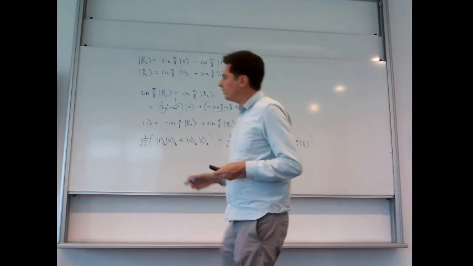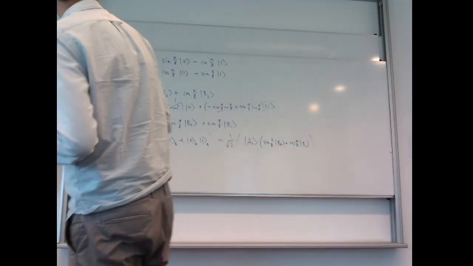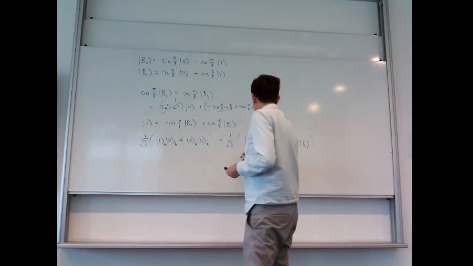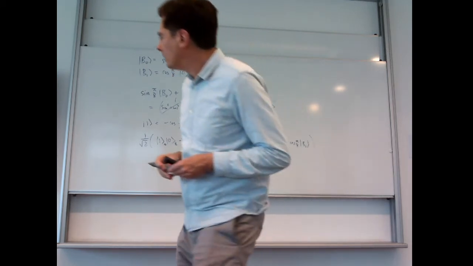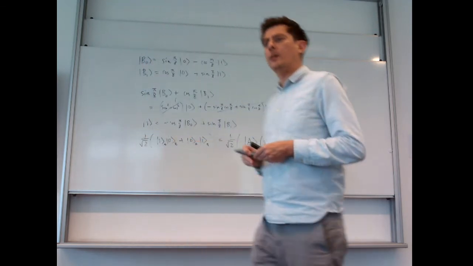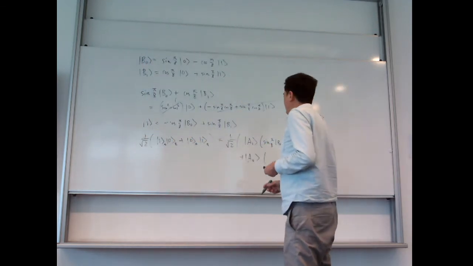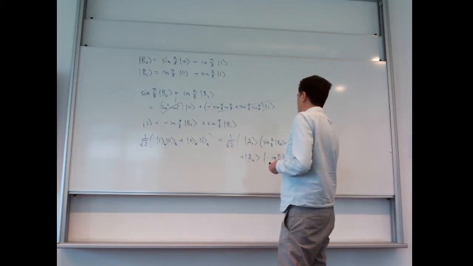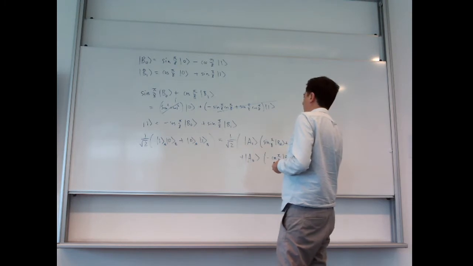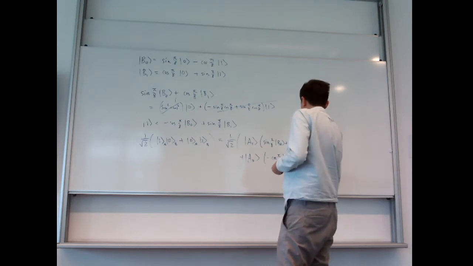Okay, so is that already a typo there? Yeah, it's probably just that the A0 and 1 are in the wrong spots, is that right? And then the 1 state is minus cosine pi over 8 B0 plus sine pi over 8 B1.